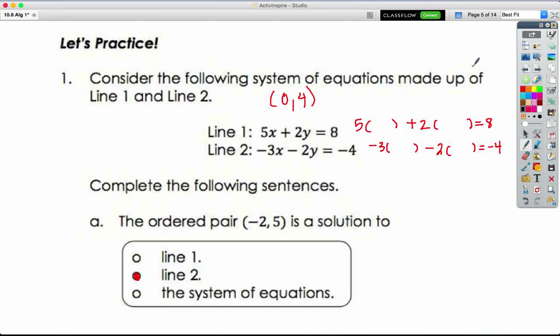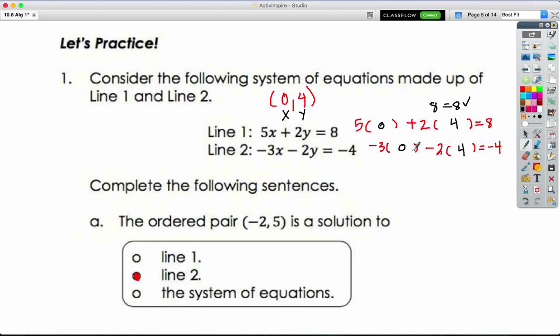So realistically, this other ordered pair should not work in both equations. So we're going to check it out and see. Our x's are 0, our y's are being replaced with a 4. So the first one comes out to be 5 times 0 is 0, and 0 plus 2 times 4 is 8, equals 8, so it works in this one.